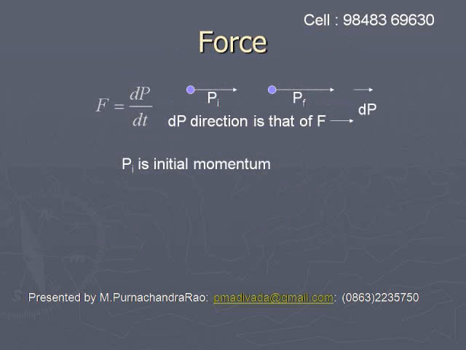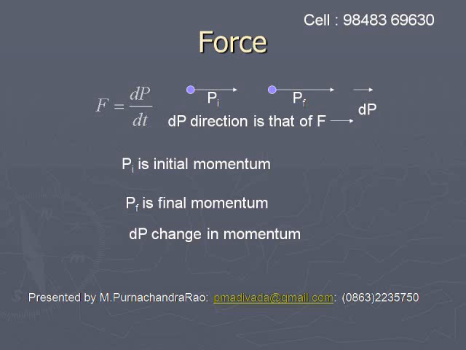In the statement of second law, we notice that the change in momentum is in the direction of force. To understand this, see the figure. Pi is initial momentum, Pf is final momentum, dP is the increase in momentum. Pf is longer than Pi.